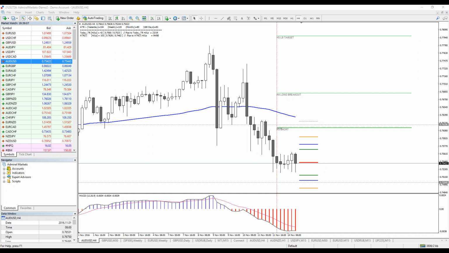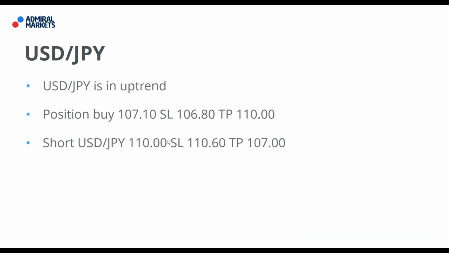One more thing to add, for all traders who want to trade dollar yen, I have a short setup for you guys. For me, dollar yen is still a buy, but if it hits 110, I would sell it. And I have my pending order placed at 110.